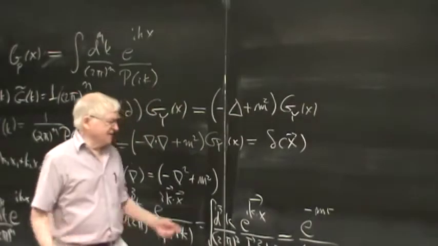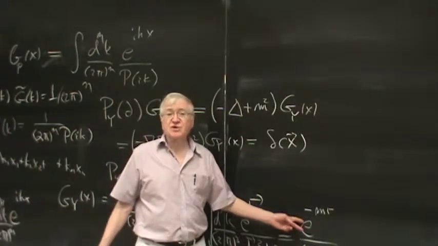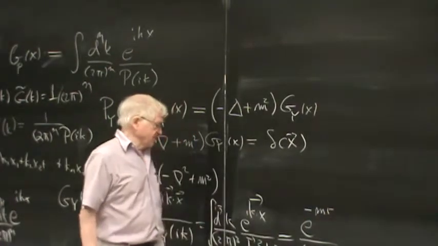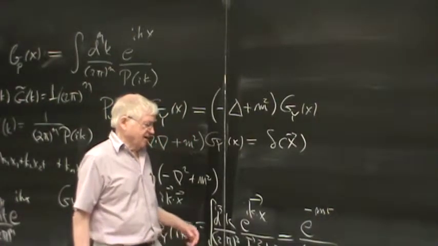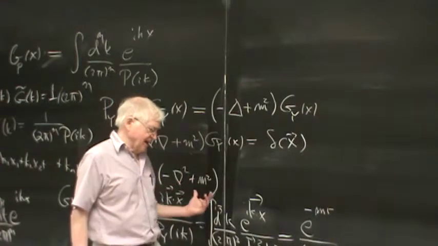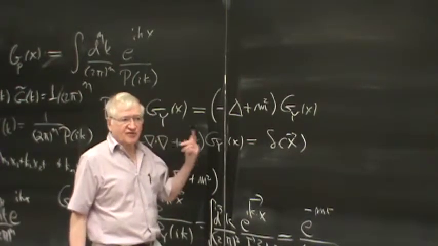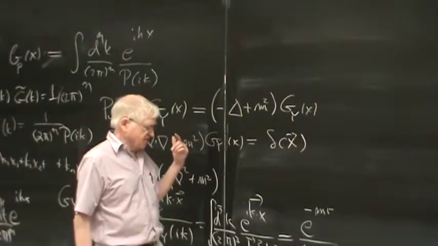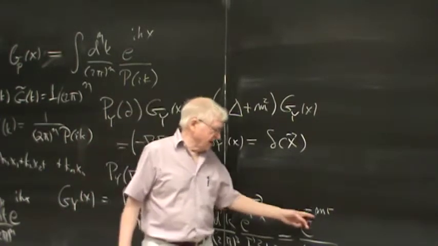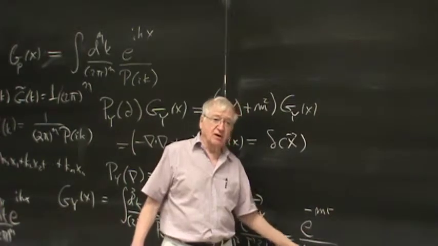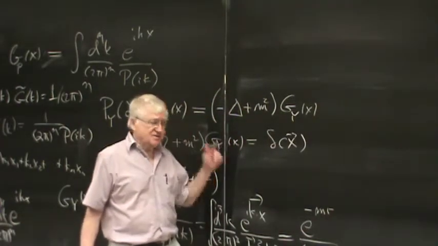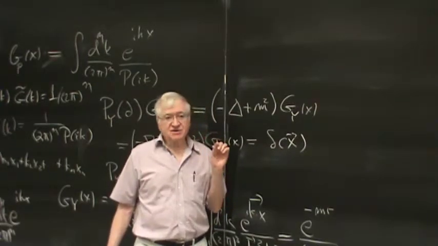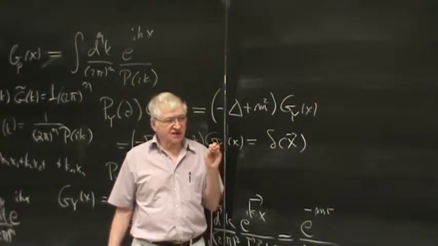And you see the limit of this as m goes to 0 is the Coulomb potential. So what Yukawa proposed was that just as in electrodynamics you have a potential 1 over 4 pi r, in nuclear physics you should have a potential e to the minus mr over 4 pi r. And what he was accounting for here was the short range of the strong interactions.